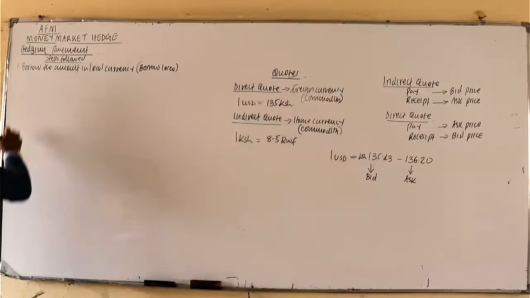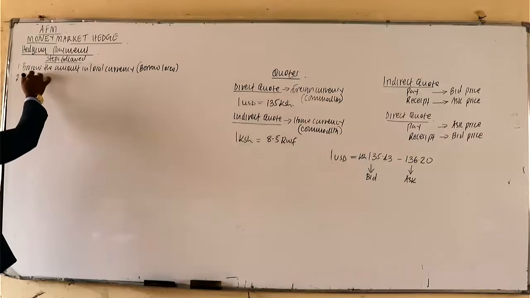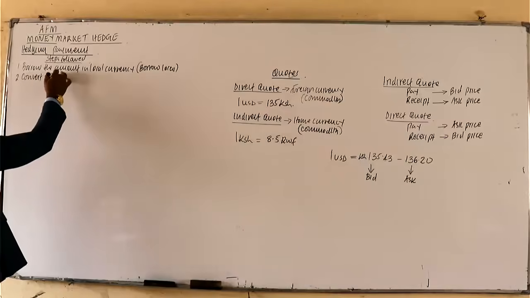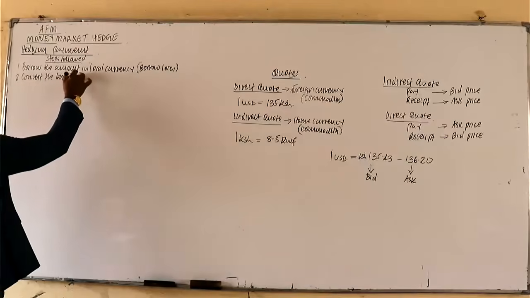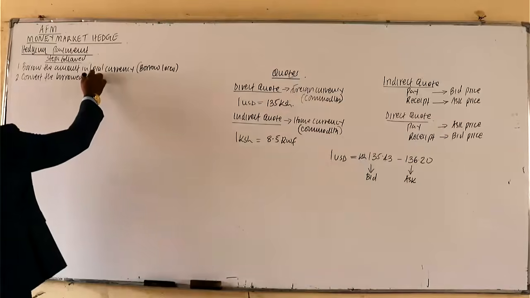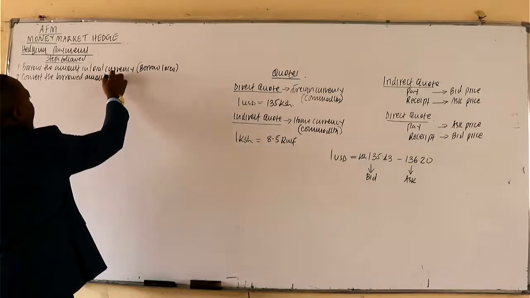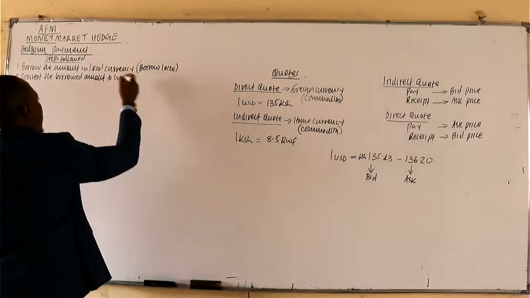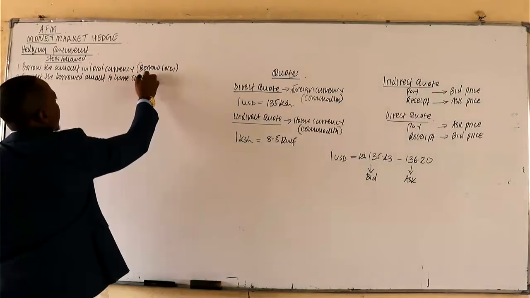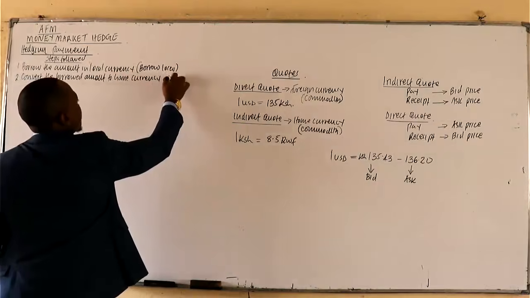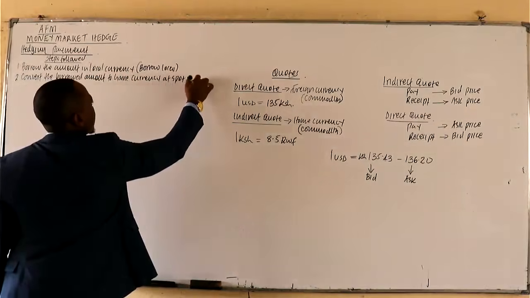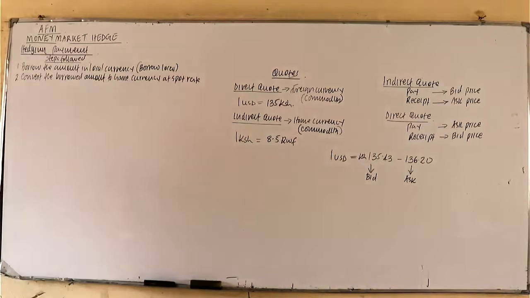Then step number two, you convert the borrowed amount to home currency, or local currency, at spot rate. And then step number three, in this case, you need to invest in the foreign currency.